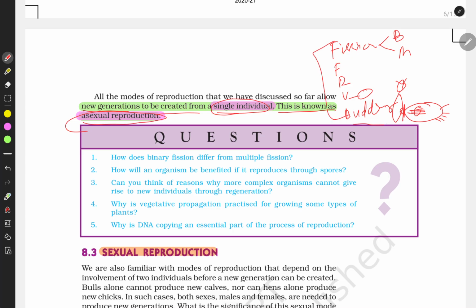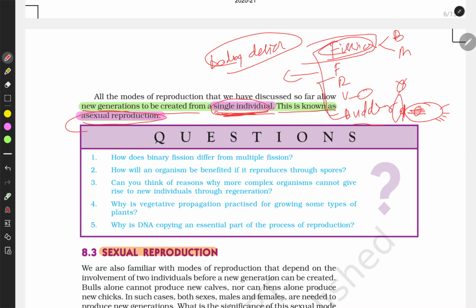So these are the 4 or 5 types of modes, which depend upon the body design. These are the modes of asexual reproduction in mostly single-celled organisms, and some are also in multicellular ones. Fission happens in single-celled organisms, and the rest are in multicellular organisms.